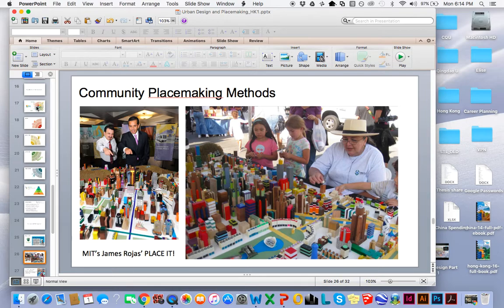And you can go online and read more about this, but essentially what he does is he's hired by local communities and mayors to come and lead workshops with citizens that live in neighborhoods that are under consideration for redevelopment, to engage them in an exercise of visioning what they would want for the city. And so he'll bring colorful blocks and other objects that they can use to build their own city according to their best wishes and dreams.